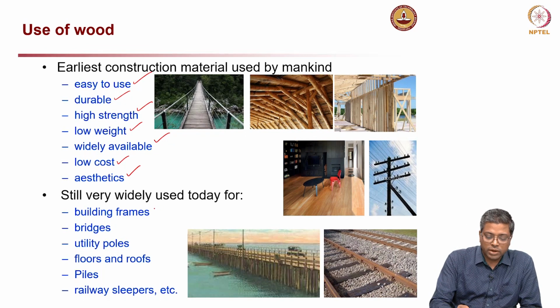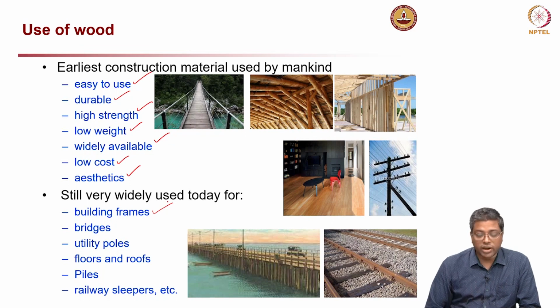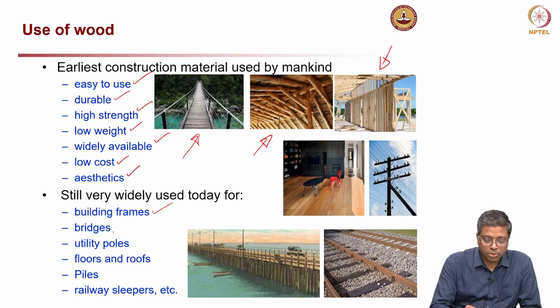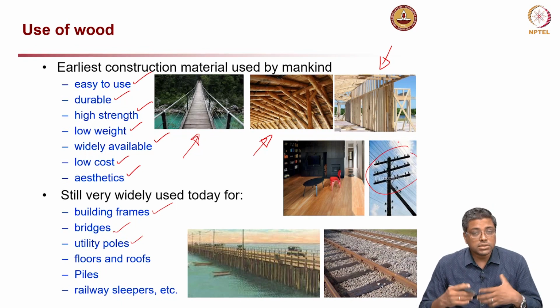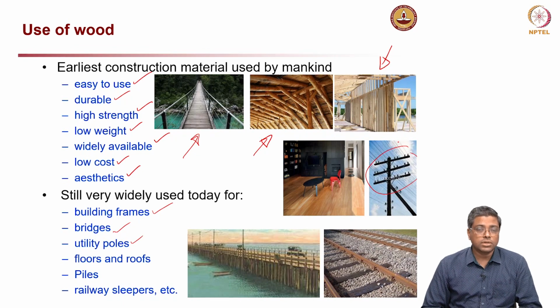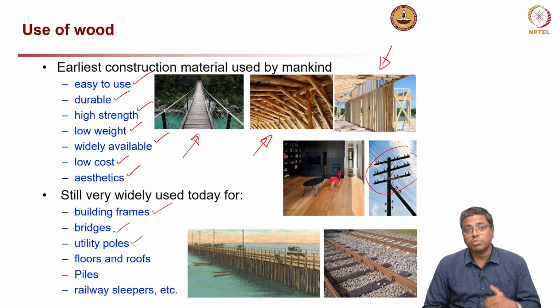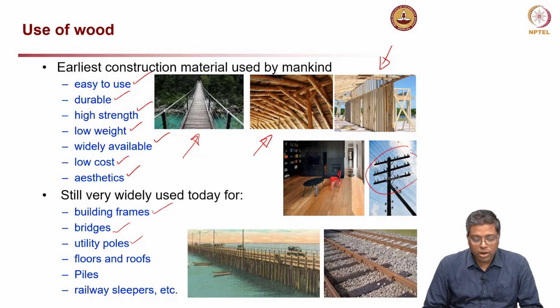Now, it is still very widely used for building frames. You can see the picture on the top right corner here, a building frame, and here another, and then bridges also, then utility poles, like for electrical lines etc. Nowadays we are seeing more and more of reinforced concrete or pre-stressed concrete poles, depending on the load carrying capacity required.